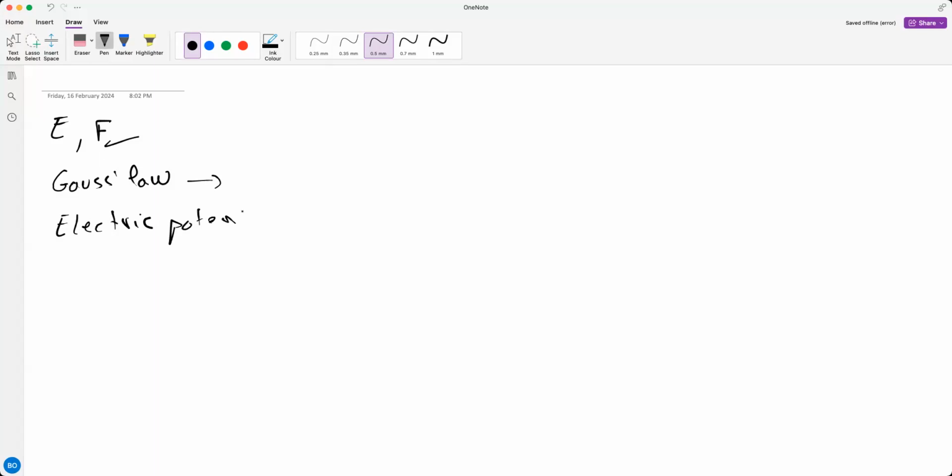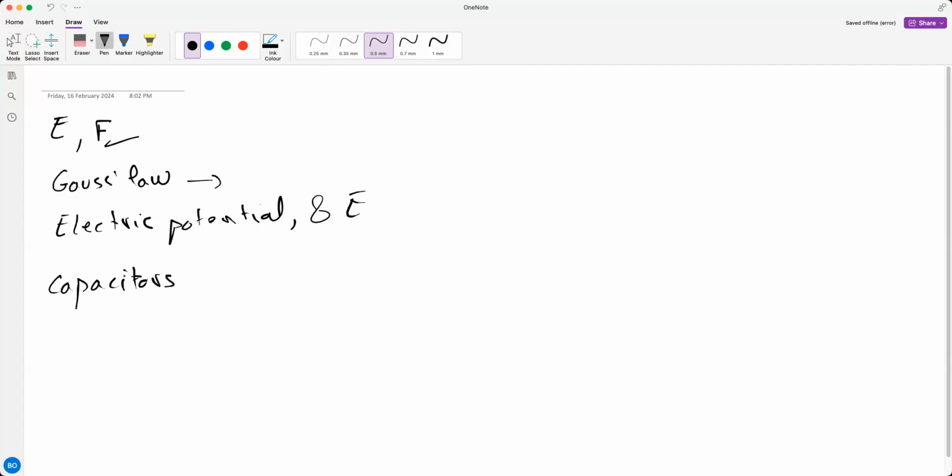I think the sample exam that I will solve will cover everything: electric potential, and also the relationship between the electric potential and the electric field, so how to go from one to the other, and then the capacitors.